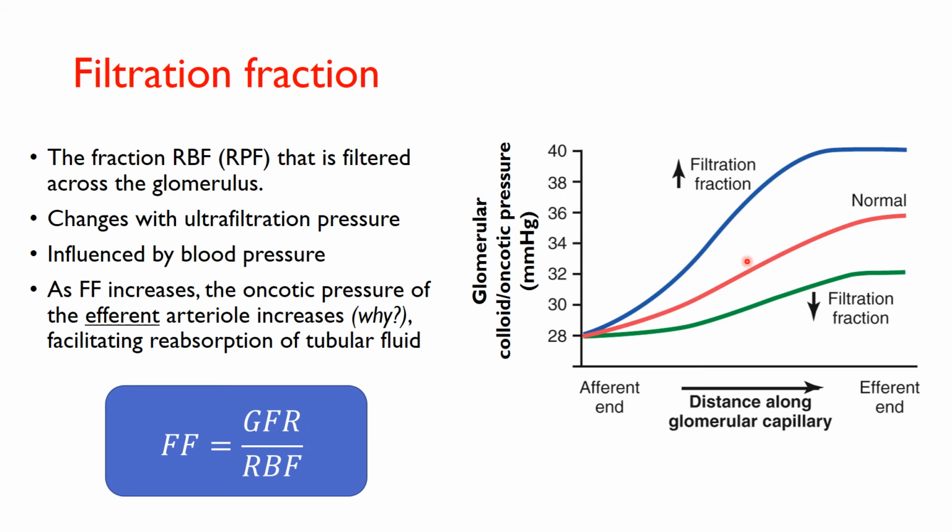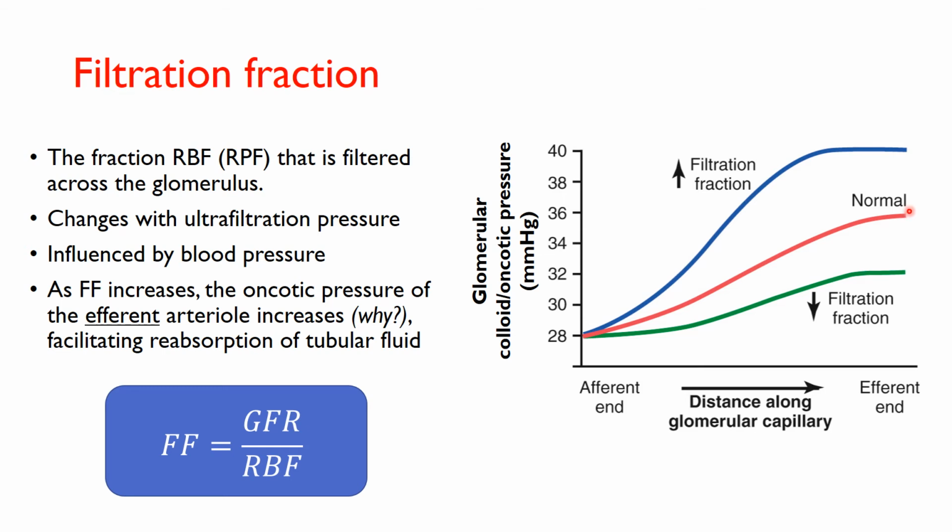So proteins get left behind, but water is leaving. As water is leaving out the glomerular capillary, entering into Bowman's space, the concentration of the proteins getting left behind grows and grows and grows, such that their exertion of oncotic pressure goes up by the time you get to the efferent end of the glomerular capillary.